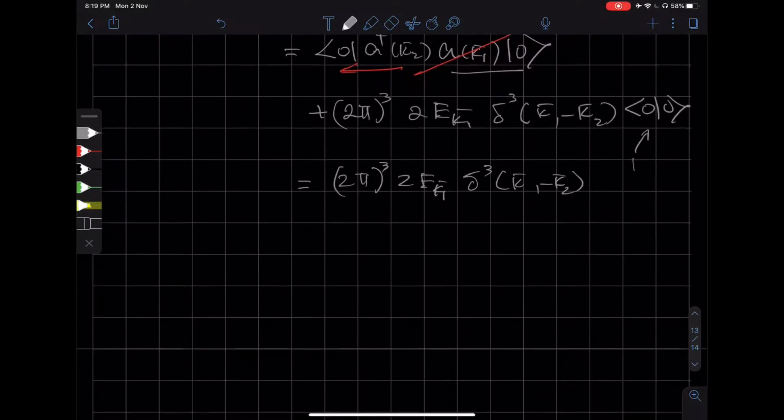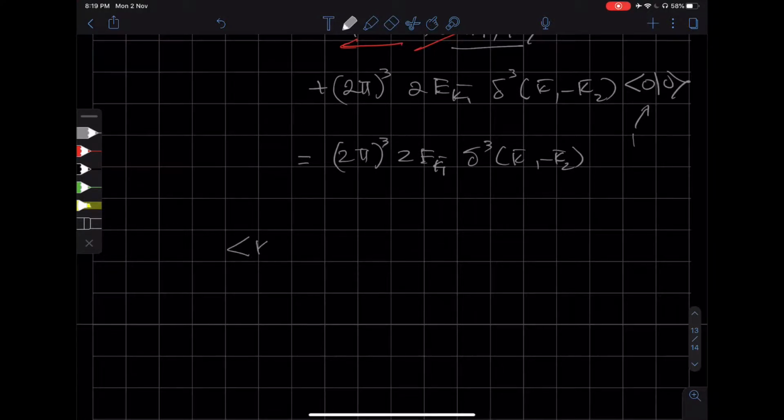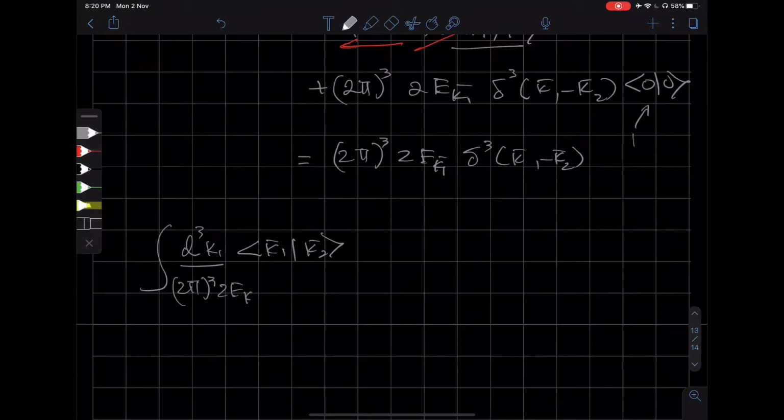Then what we can do is take our state K1, K2, and integrate it over all of momentum space. It doesn't matter if you're doing it over K1 or K2. As we can see, with this delta function replacing this thing, this is going to be exactly 1.